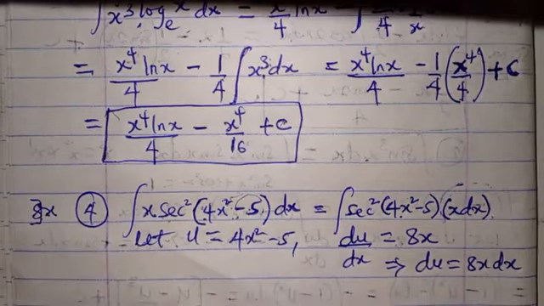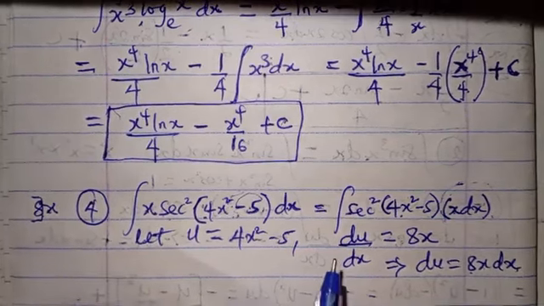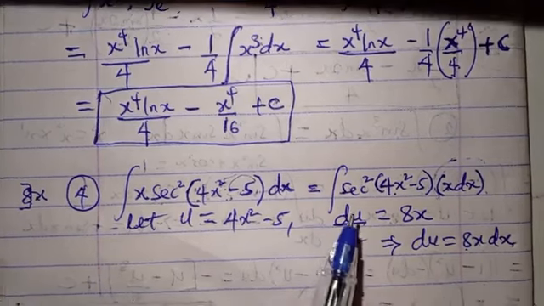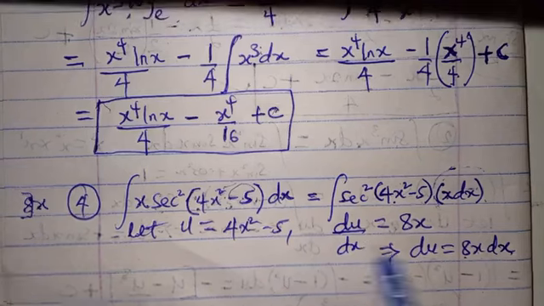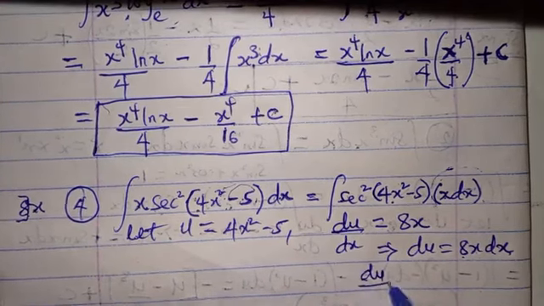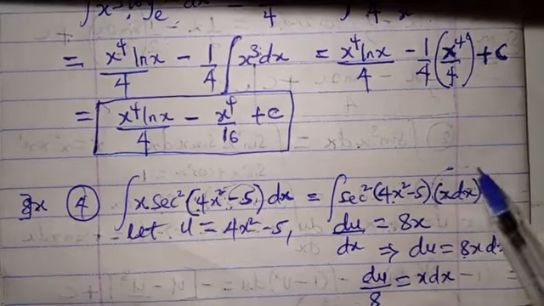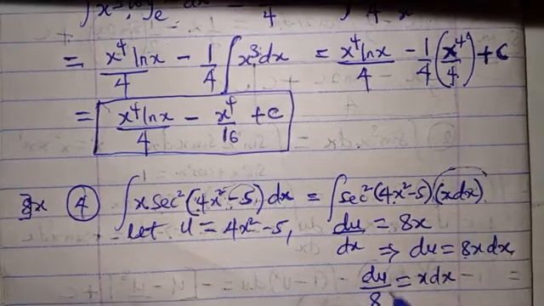Okay, I can see x dx. It's just for me to remove this 8 from here, very easy. I'll just write du all over 8, that's dividing both sides by 8. Du all over 8 will be equal to x dx, so this x dx here will be replaced with du over 8.